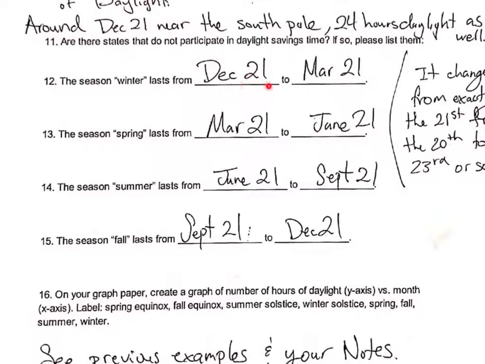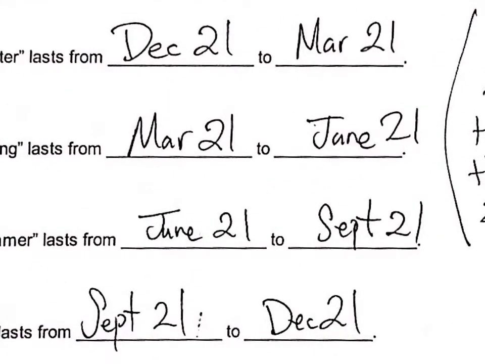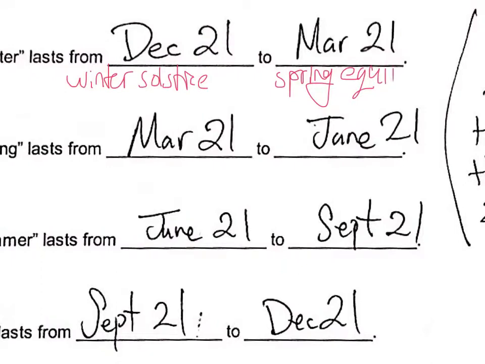So winter goes from December 21st to March 21st. You could be more specific and add some information here by saying winter lasts from the winter solstice to the spring equinox. And then you would just be super specific and smart.